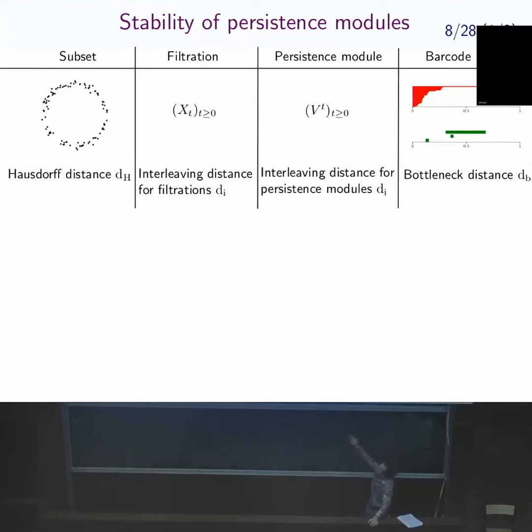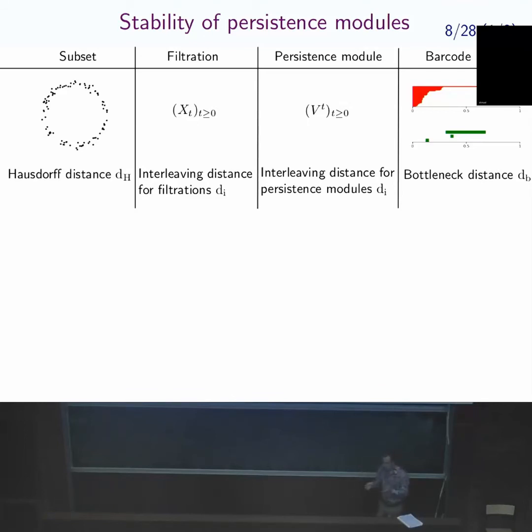The subsets of Rn, the filtrations we build from them, the persistence modules we obtain from filtrations, and their barcodes. And each of these objects are endowed with distances, the Hausdorff distance for subsets of Rn, the interleaving distance for the filtrations and the persistence modules, and the bottleneck distance for the barcodes.